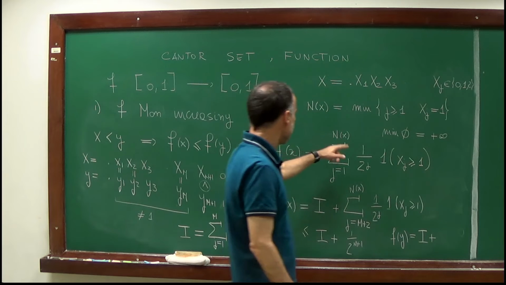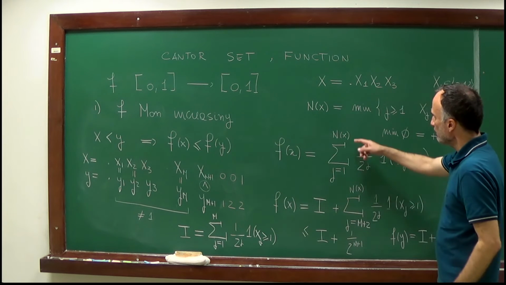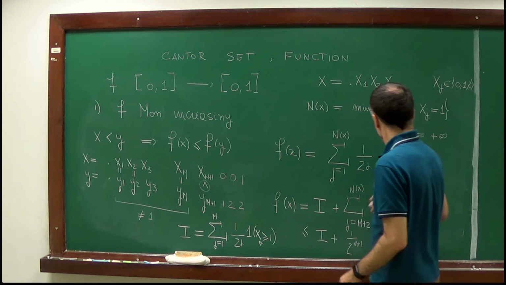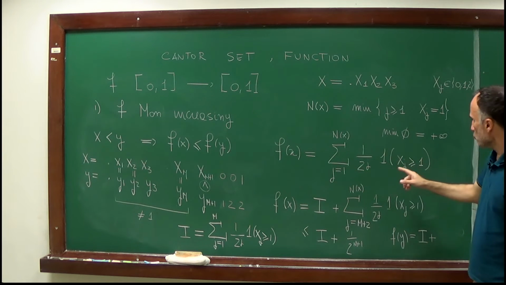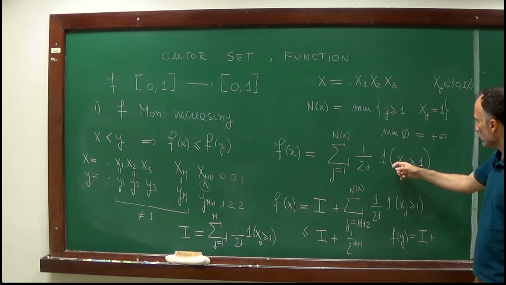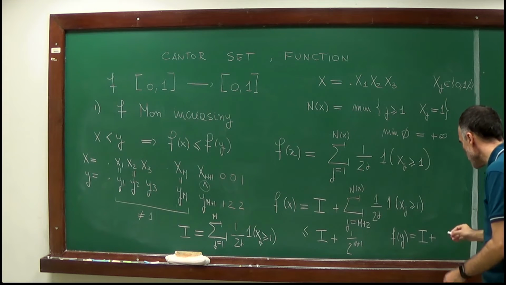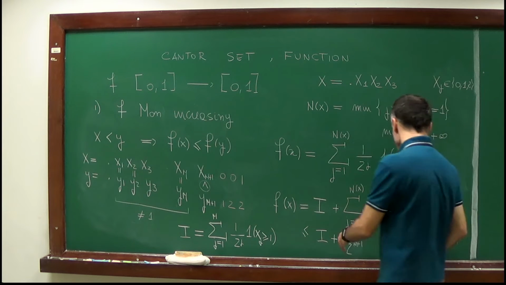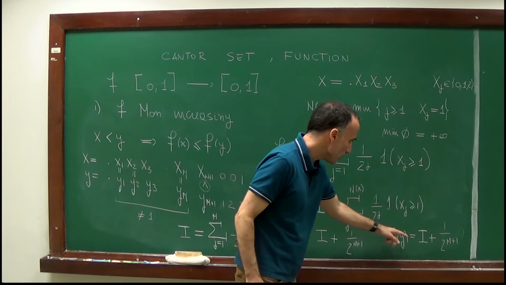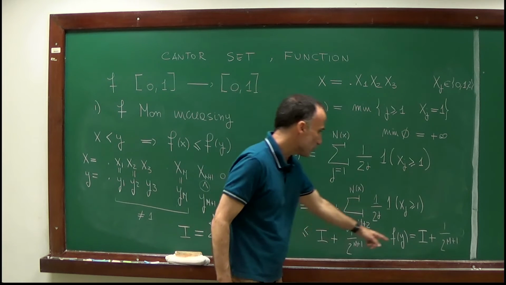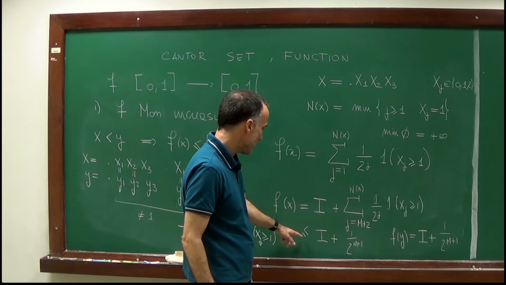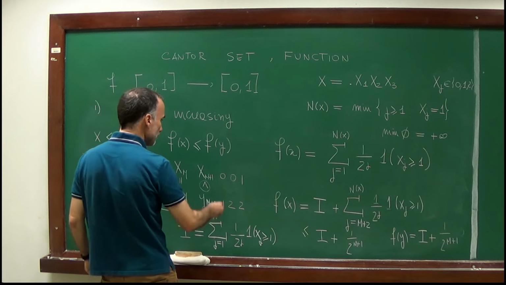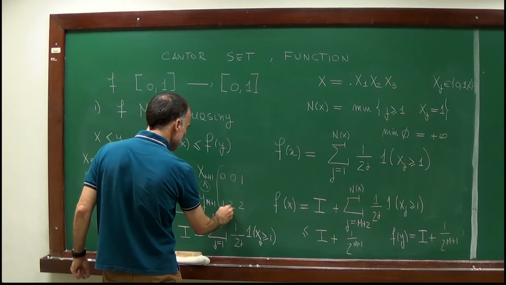So here I stop my sum at m plus 1, because n of y is m plus 1. y_{m+1} is equal to 1, so this gives me the contribution 2 to the power m plus 1, and so you see that this quantity is indeed equal to that one, and therefore f of x is smaller or equal than f of y. So we proved the inequality in the first case.